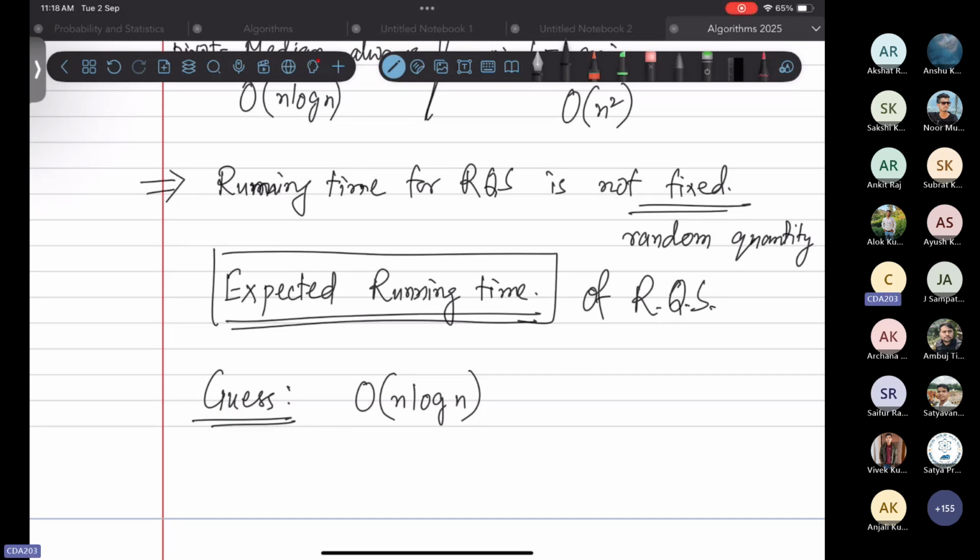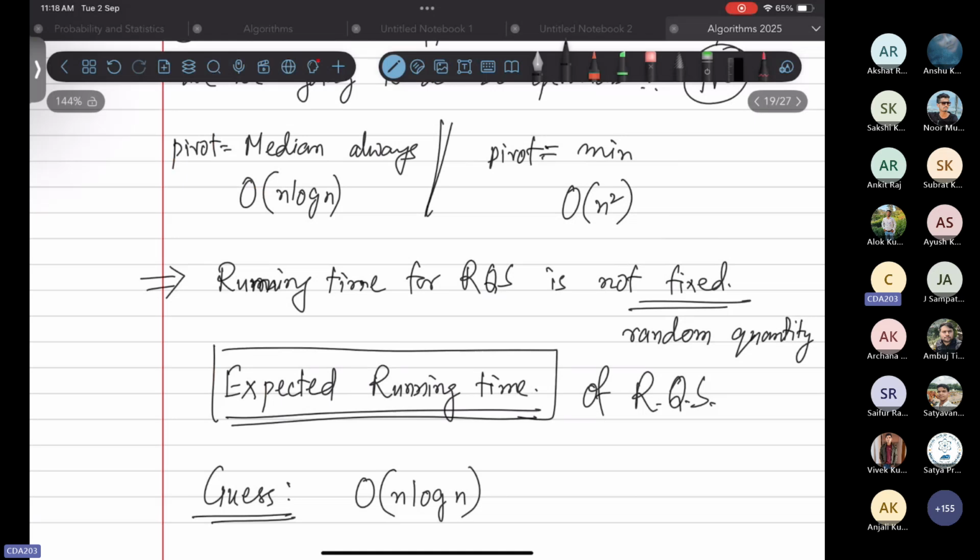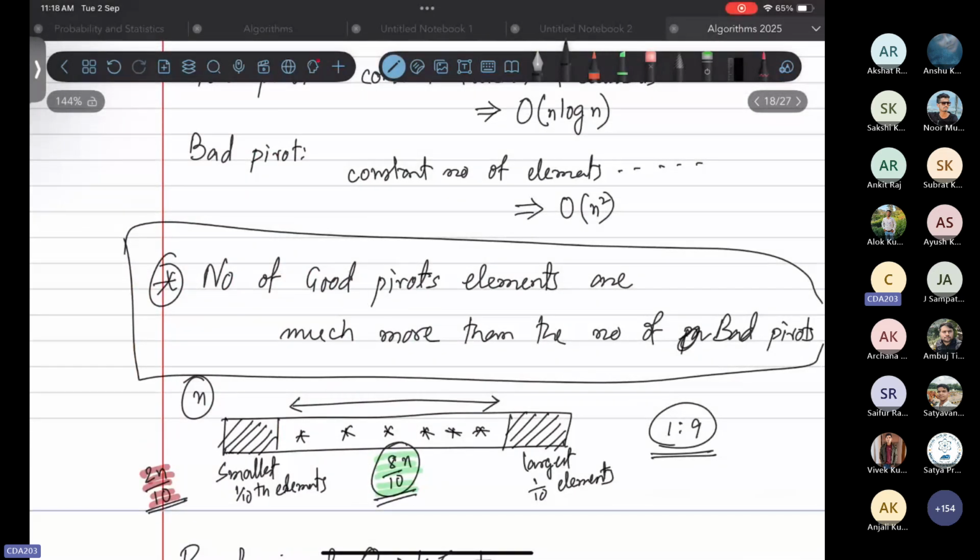Yes. That is why we are discussing the number of pivot elements, the number of good pivot elements. So we have mentioned this here with this box. Number of good pivot elements are way more than the number of bad pivot elements, right? And now see, for this example that I have taken, I have good pivot elements four times the bad pivot elements.